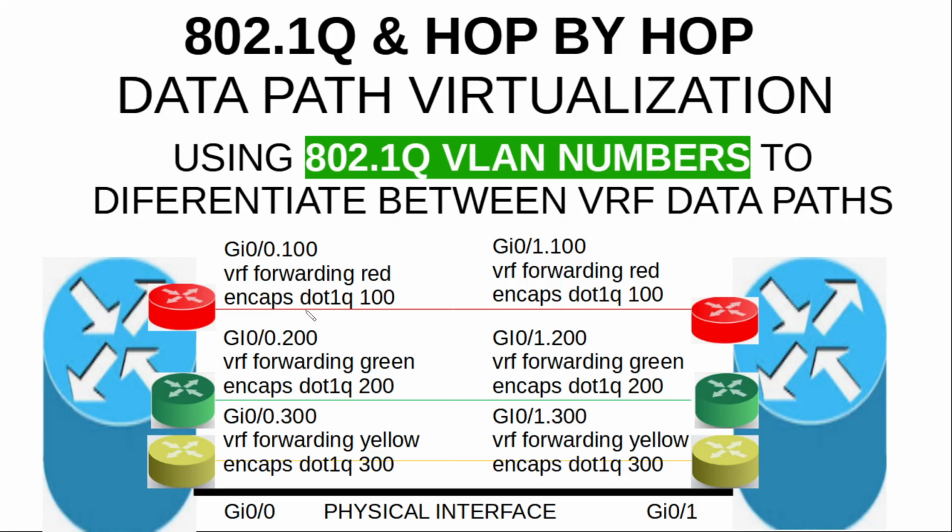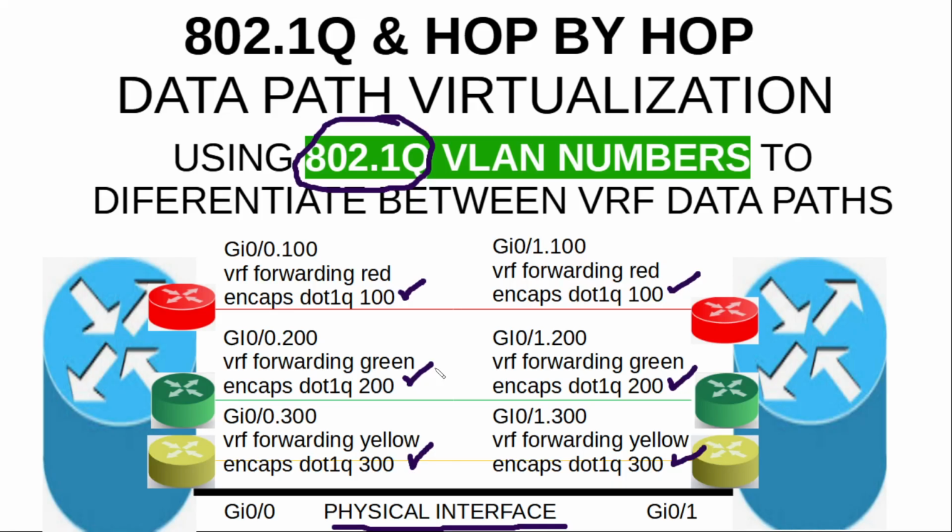And in order to communicate these two sets of VRFs using one physical interface, we could go, for instance, with 802.1Q. With 802.1Q, we will be able to create sub-interfaces, each one having a different VLAN, and then using this VLAN number, we could virtualize these physical interfaces into separate paths. So we will be achieving data path virtualization with the help of 802.1Q.